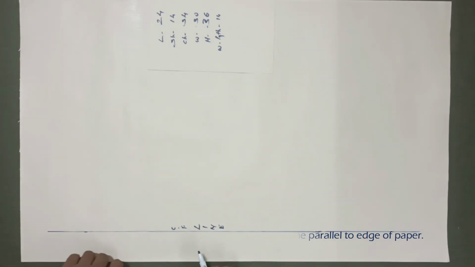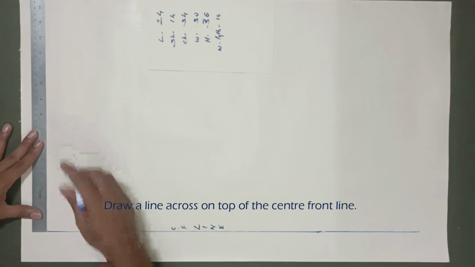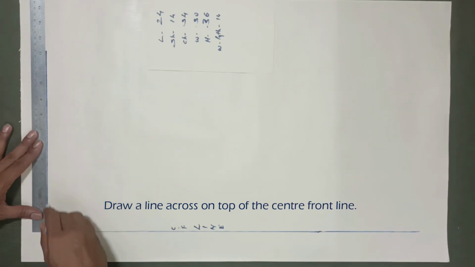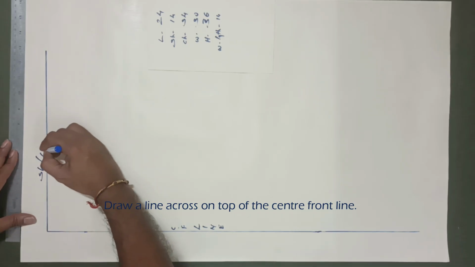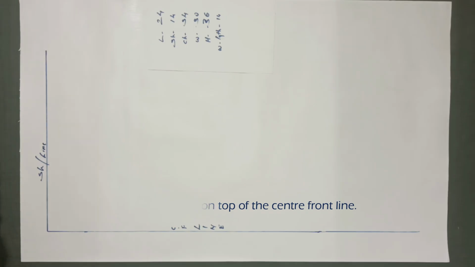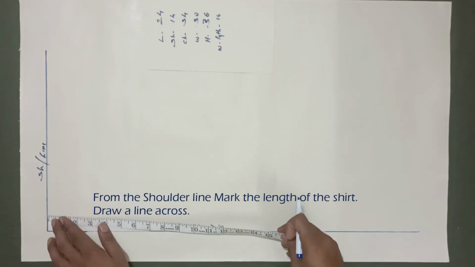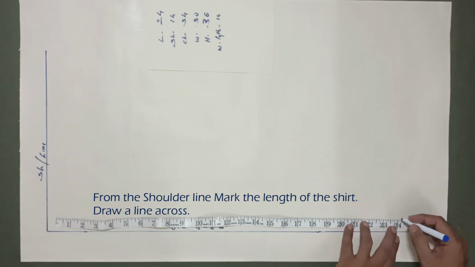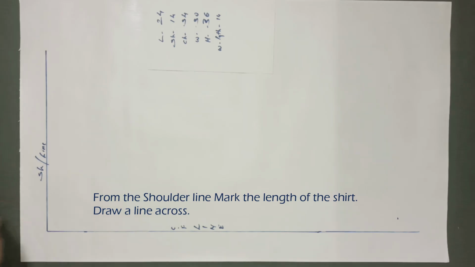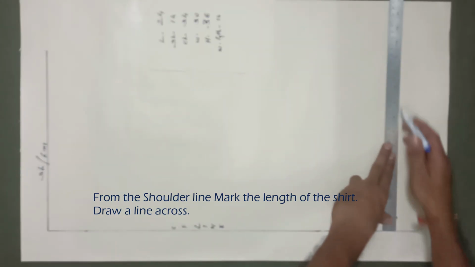From this center front line, on top of it, draw a line across, and this will be considered the shoulder line. From this shoulder line, mark the shirt length, that is 24 inches, and draw a line across.